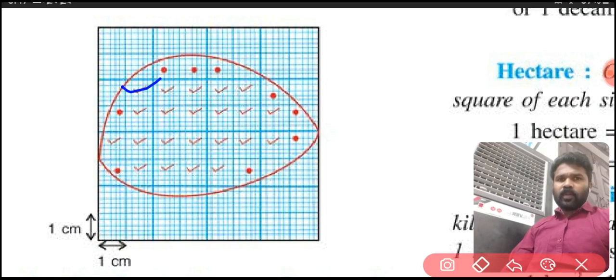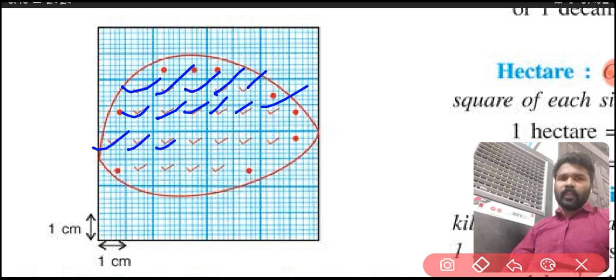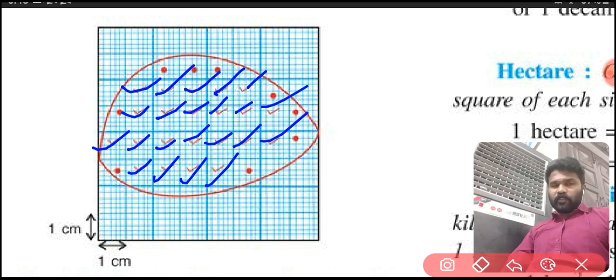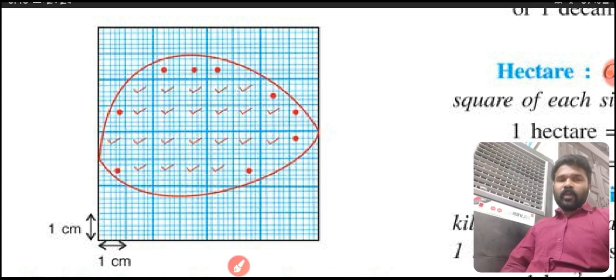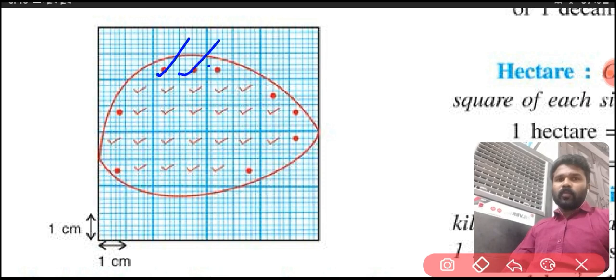1, 2, 3, 4, 5, 6, 7, 8, 9, 10, 11, 12, 13, 14, 15, 16, 17, 18, 19, 20, 21, 22. How many ticks are there? 22 ticks, meaning 22 complete squares. Now we count the dots: 1, 2, 3, then 4, 5, 6, 7, 8, 9.